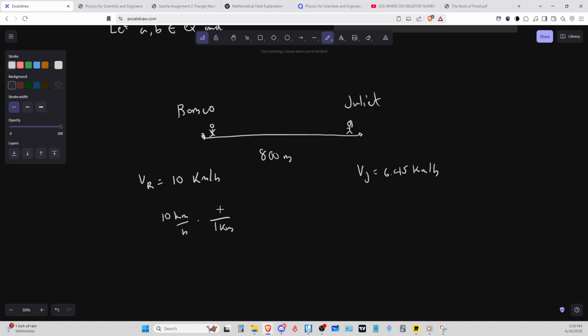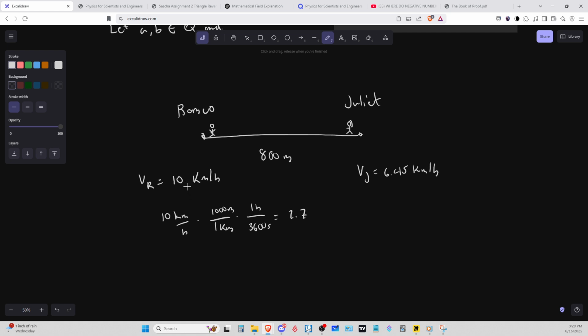1 kilometer is 1,000 meters, and 1 hour is 3,600 seconds. Okay, then we have to take out our trusty calculator, type that in, and then divide. So that's around 2 point something.